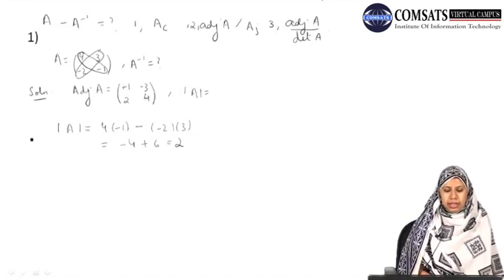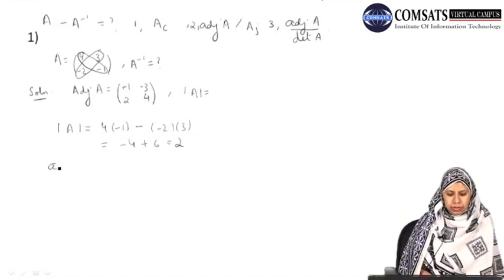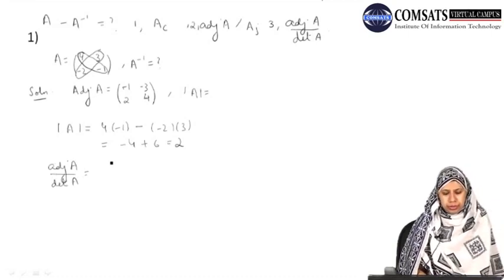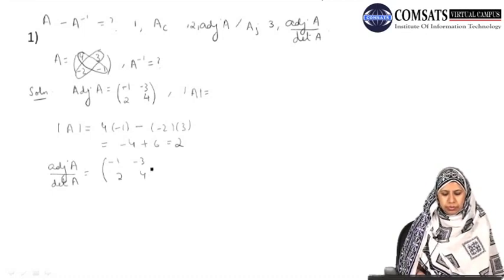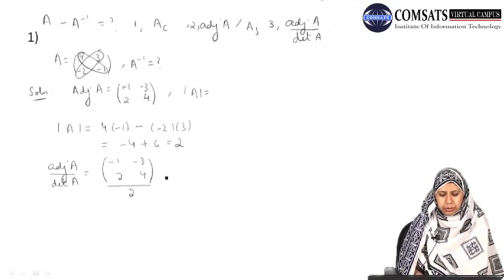The last step is to take the ratio of adjoint of A to the determinant of A. So for the adjoint matrix, we write -1, -3, 2, 4, divided by the determinant, a real valued number 2.